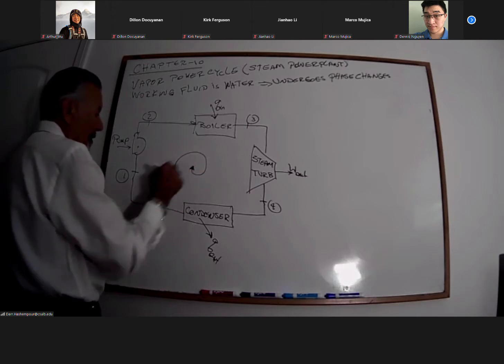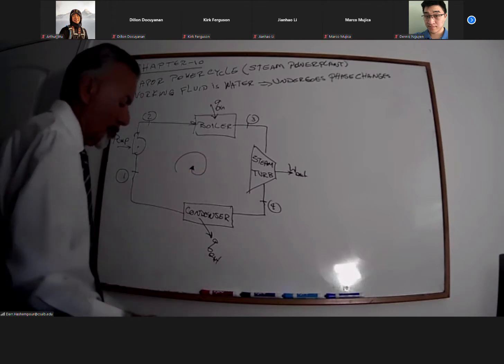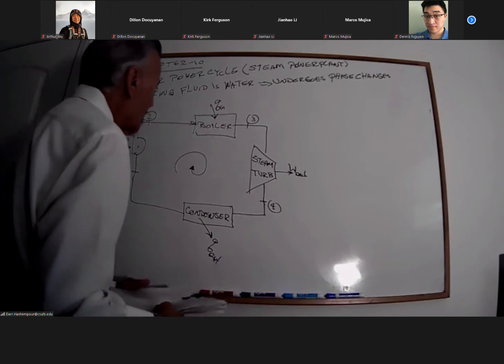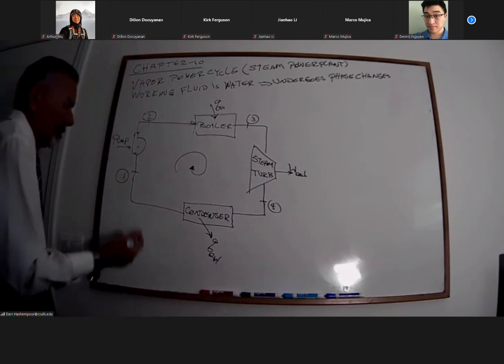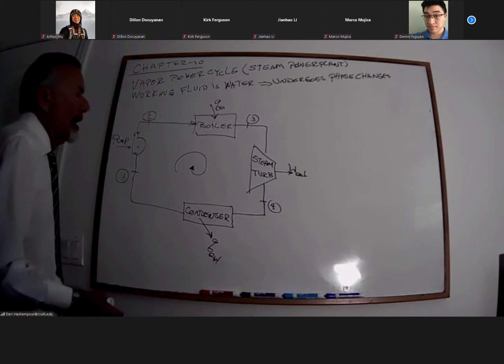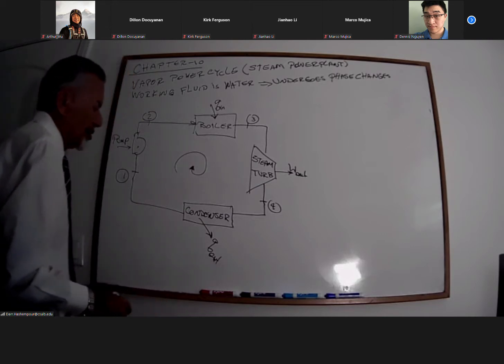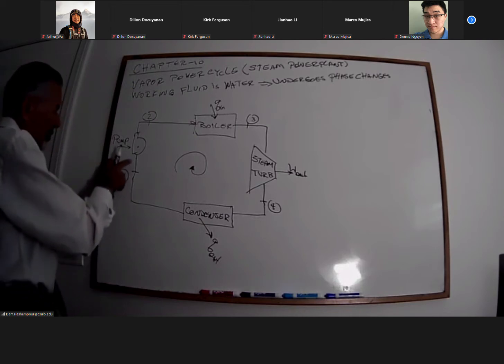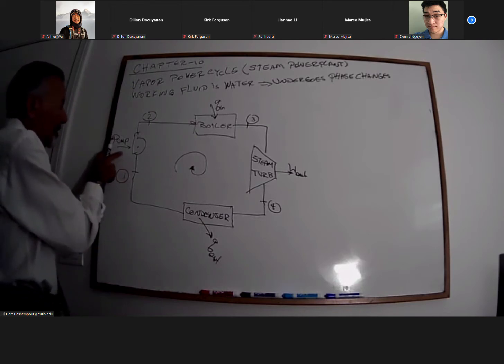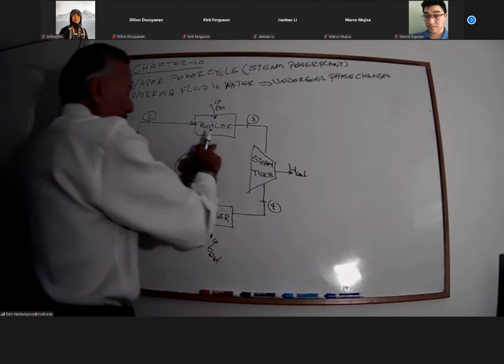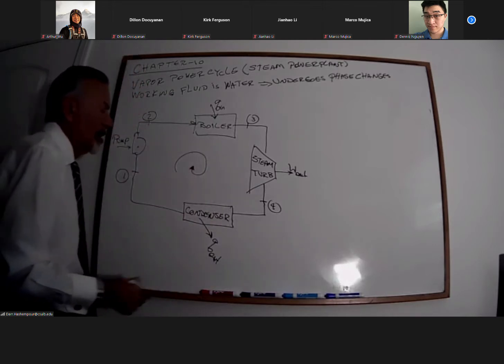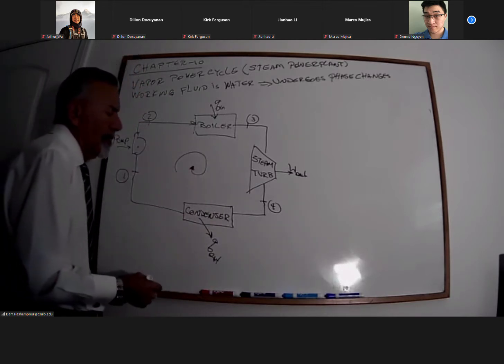Once again, our direction is clockwise. So that is the equipment layout, and this is how we're going to use it in chapter 10. Basically, we replaced the compressor with a pump, and we replaced the combustion chamber with the boiler.